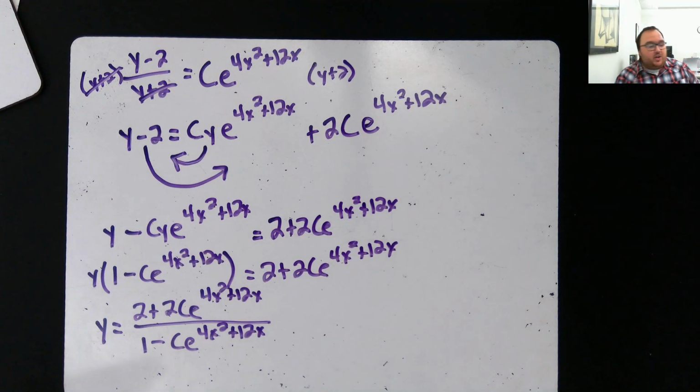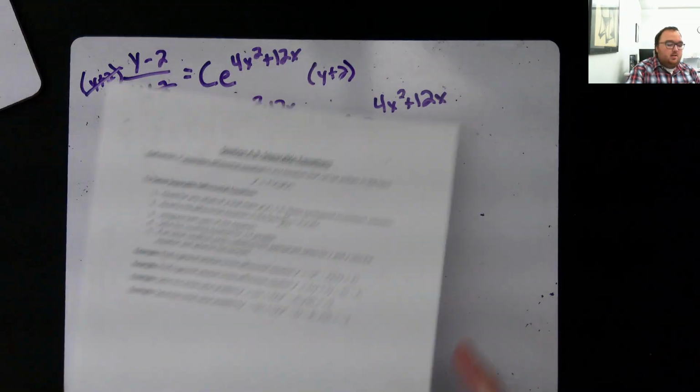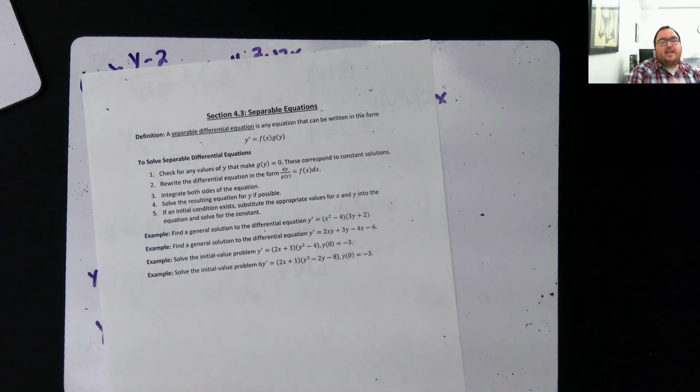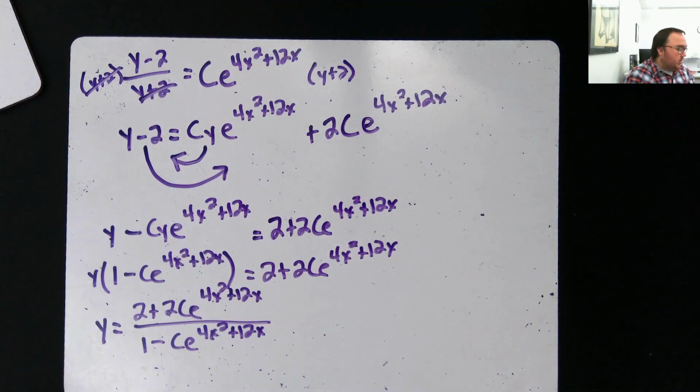This would be all fine and good, and I could just stop right here, but they gave us a point. They gave us a point, which means I need to solve for the c. So now I need to solve this for c using that point.